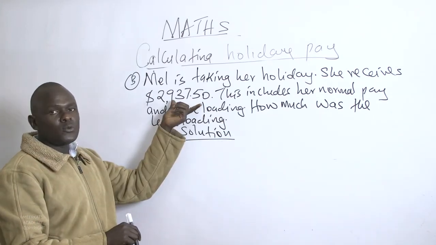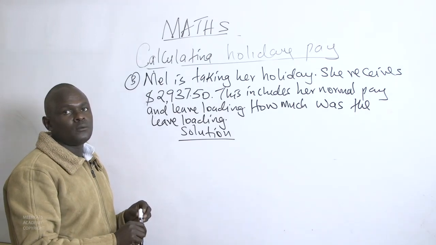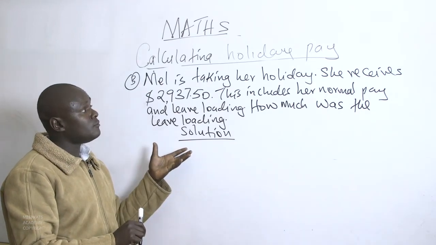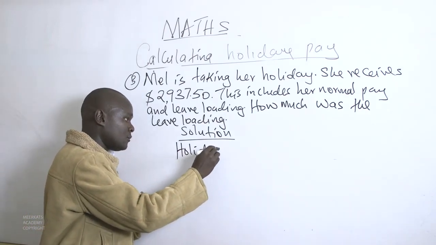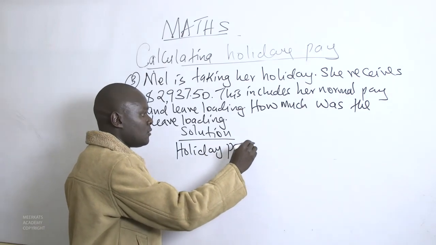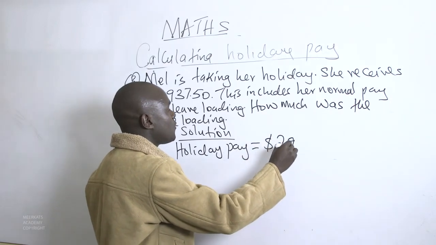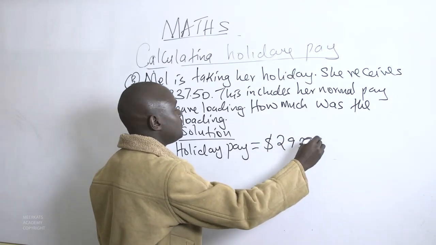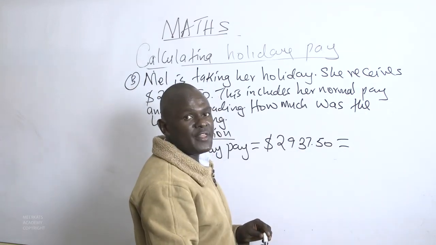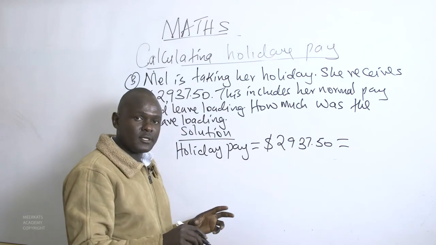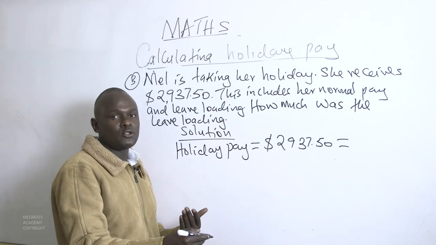So this amount, we take it to be the holiday pay. The holiday pay is $2,937.50. This is equivalent to the normal pay that we said is taken to be 100% plus the leave loading, which is 17.5% of the normal pay.